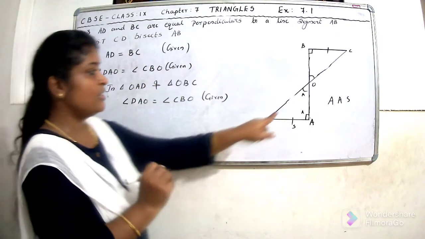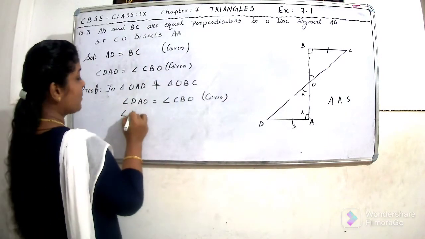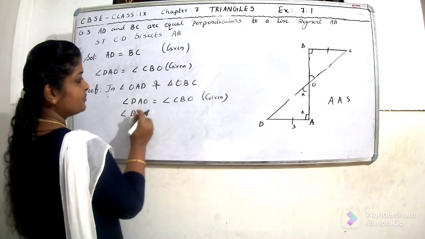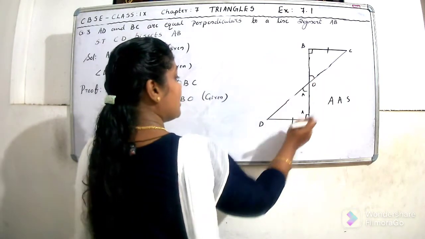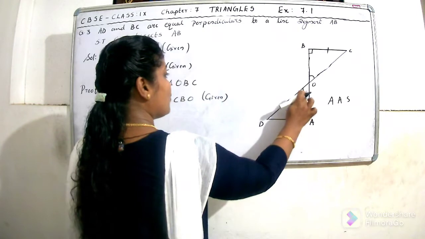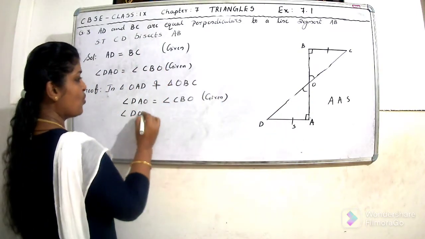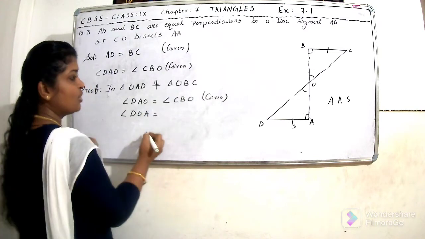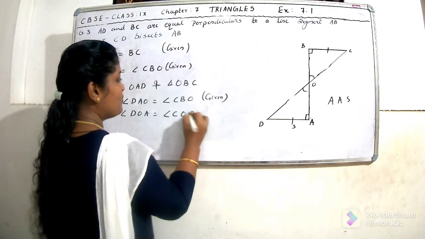Then we take this angle, the vertically opposite angle. Next one, angle DOA is equal to angle COB.